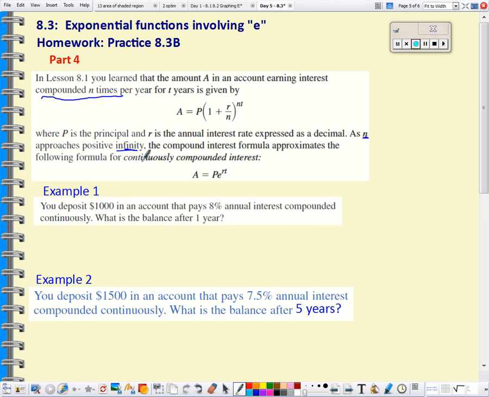Now we're compounded continuously, and we use this formula to calculate that. So we'll pause the video so you can write down that formula.